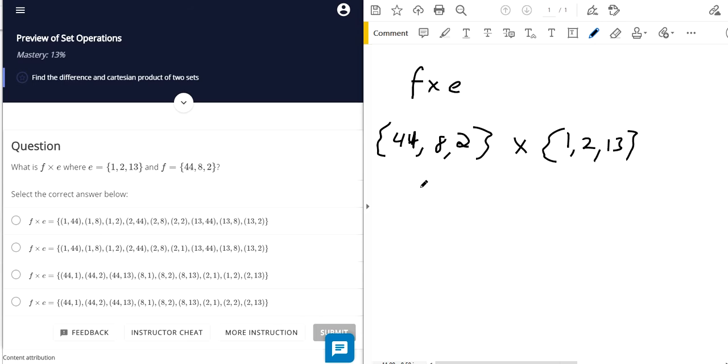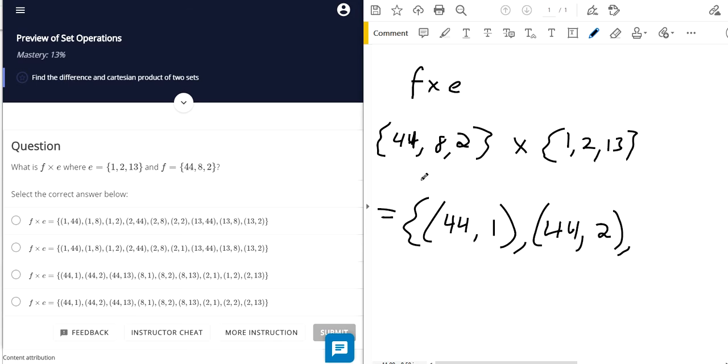So when we find this Cartesian product, we're putting in parentheses 44 comma 1, closing the parentheses, because that's the element of F combining with an element of E. Then we have to do that for all the other combinations. So you could do 44 again from F with the second element in E. And then you could do the 44 and combine it with the third element in E. 44, 13. I think you get the idea, right?